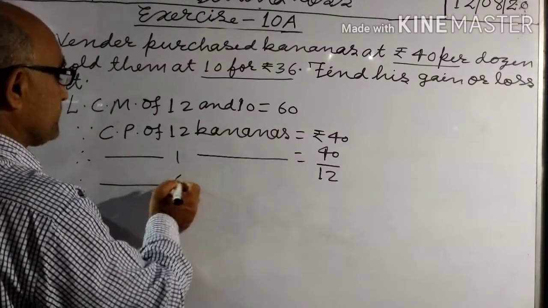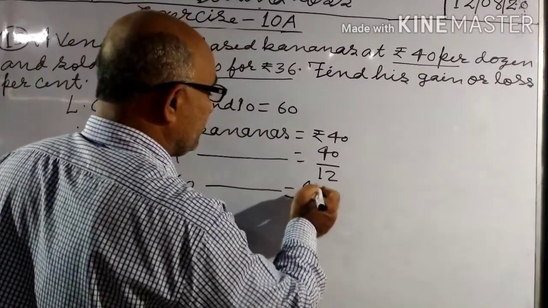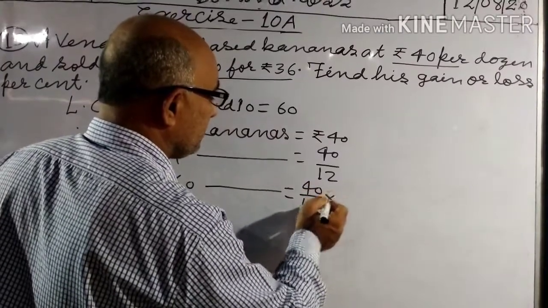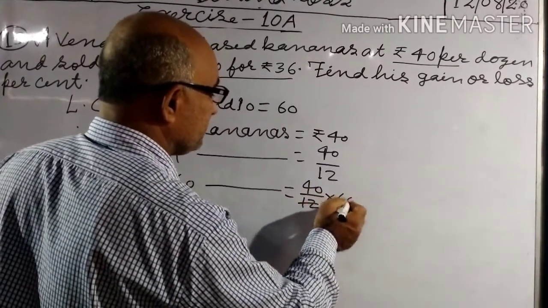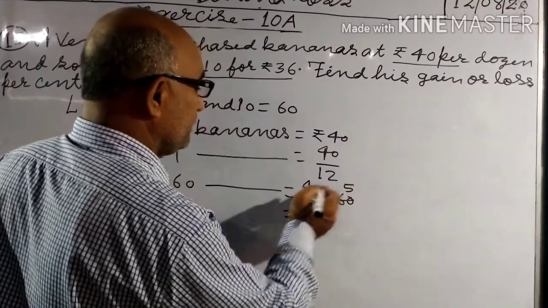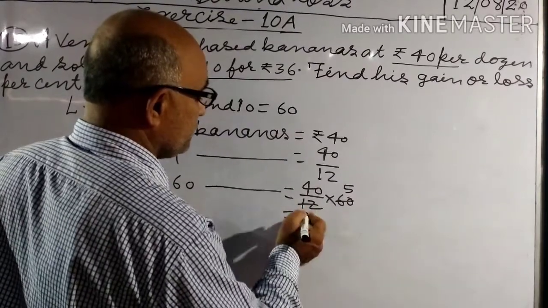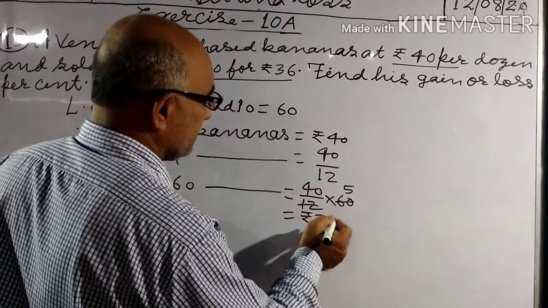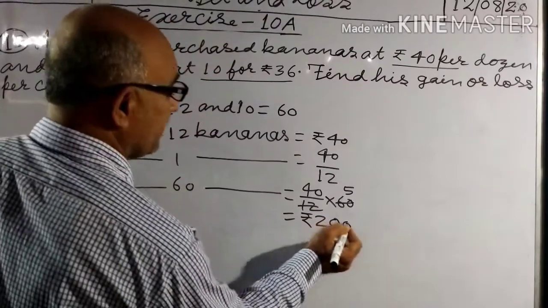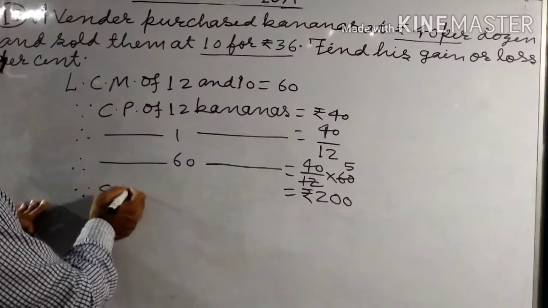Therefore, CP of 60 bananas is equal to 40 by 12 into 60. 12 fives are 60, 4 fives are 20, so rupees 200.